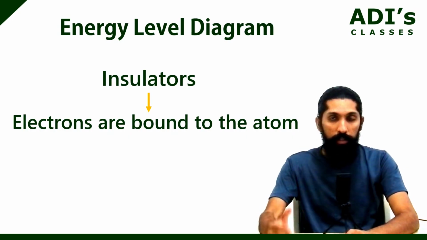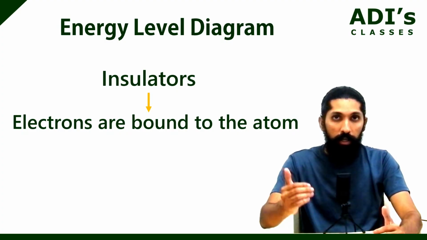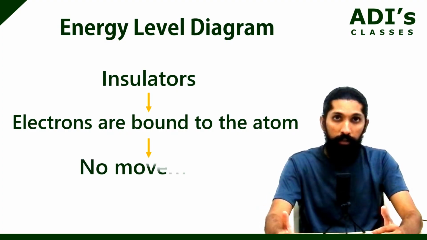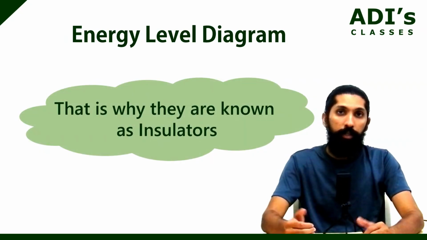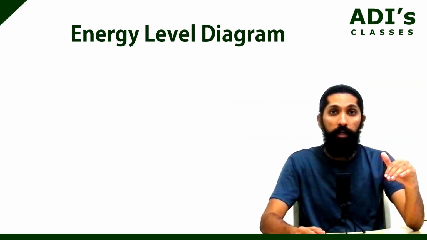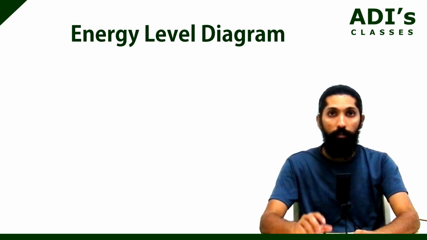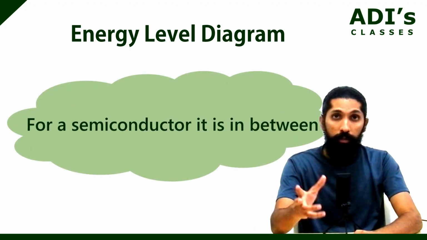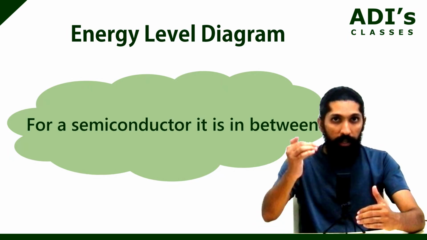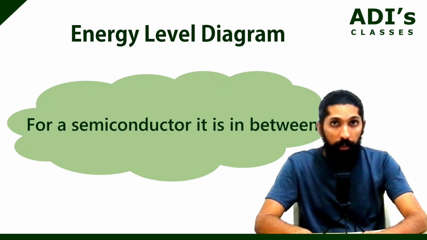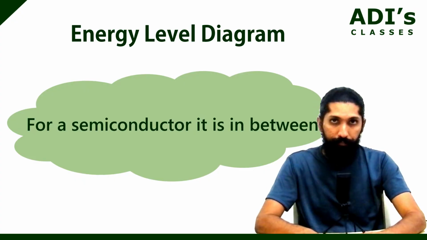That's why they are called insulators. For a semiconductor, it is in between. It cannot flow freely like in conductors, nor is it completely bound to the atom. That's how we define a semiconductor with the help of an energy level diagram.